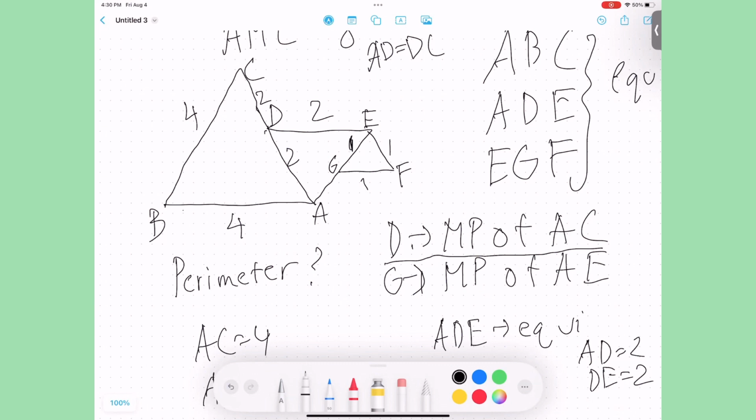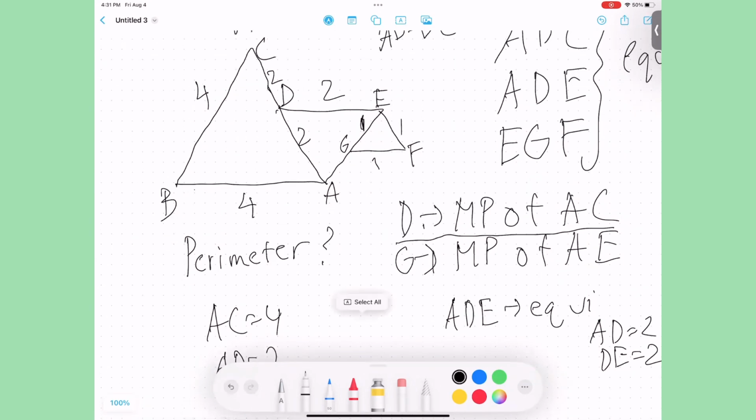What do you guys think? As one of you mentioned in the chat, AD and EG are not counted.